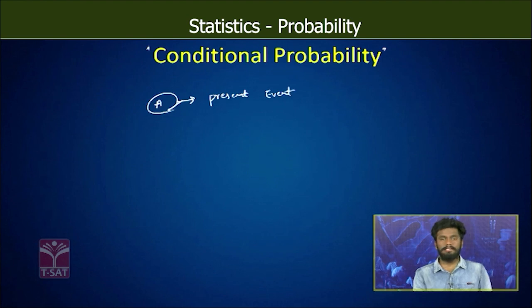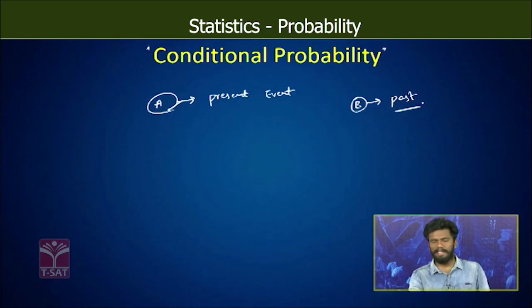Now let us consider there is another event B, which occurred in the past. There is an event B which is already occurred in the past. So A event is the event which we are doing right now, but B is an event which is already occurred in the past.